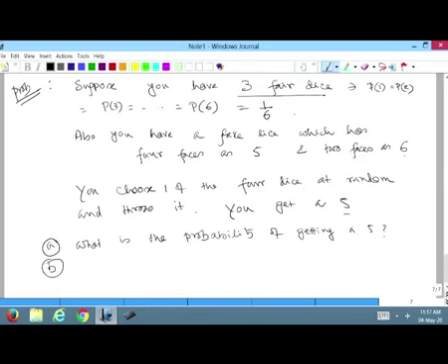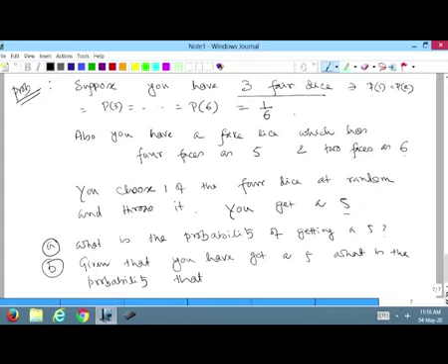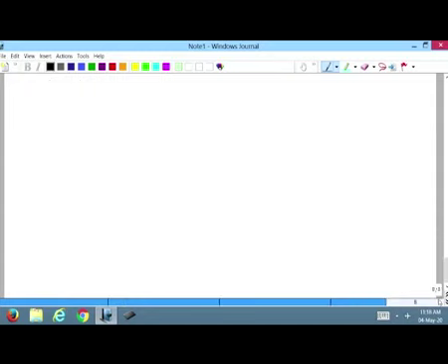And the second question is, given that you have got a 5, what is the probability that you have chosen the fake die? So, I hope you understood the 2 questions. So, let us solve them.